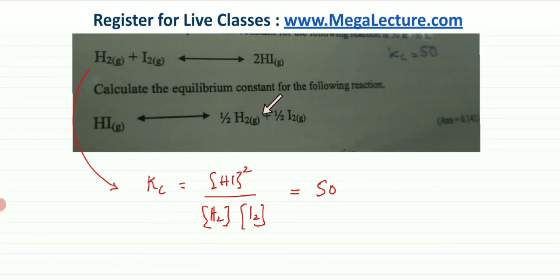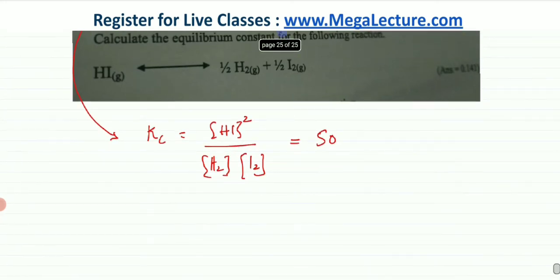The only problem with this expression is when you compare it with this expression, they represent the same reaction. So the only problem is that the expression is written differently, which means that the expression of Kc is going to be different. So let's try and figure out the expression for Kc over here, and let's call that Kc2.